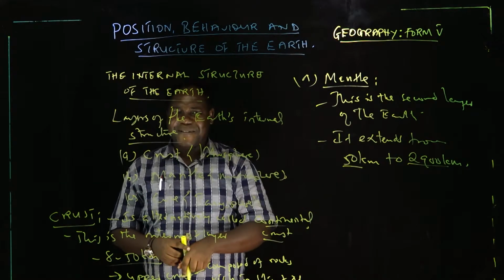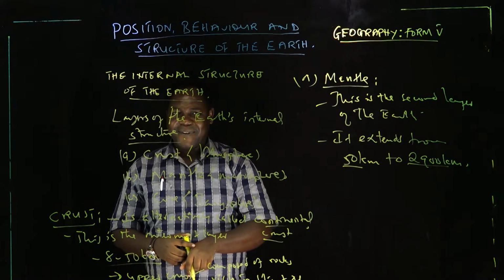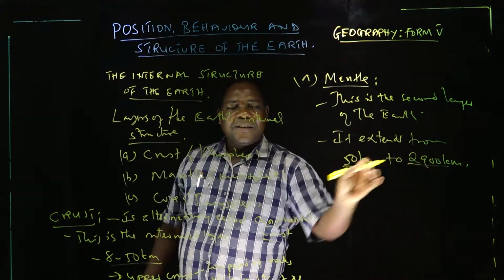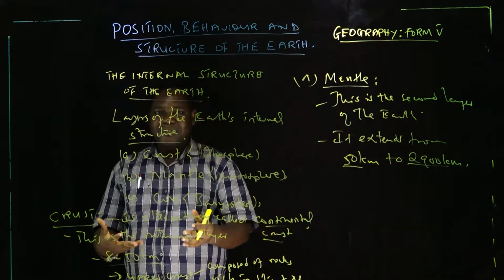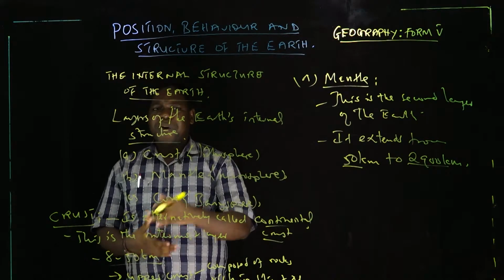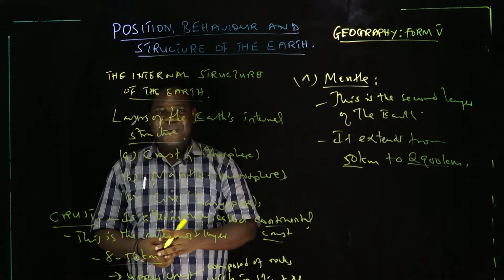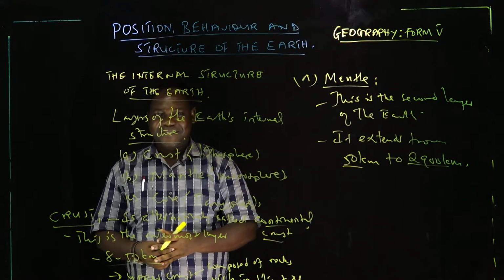How deep is this? If you were to travel covering these kilometers on the surface of the earth, where could you have traveled to? From Tanzania here, something that you cannot imagine.